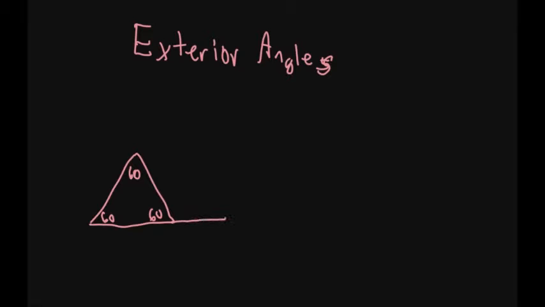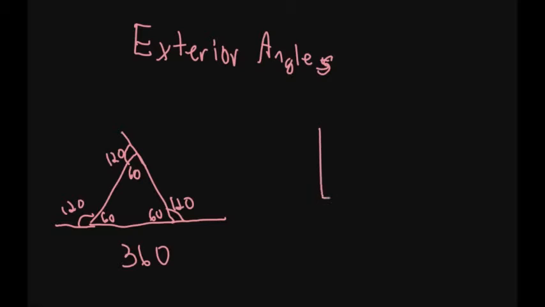Exterior angles are the angles you get if you extend those lines. We know all those interior angles are 60 and they're all on lines, so they have to be supplementary. That would make every angle out here 120. So 120 plus 120 plus 120 would give us 360.